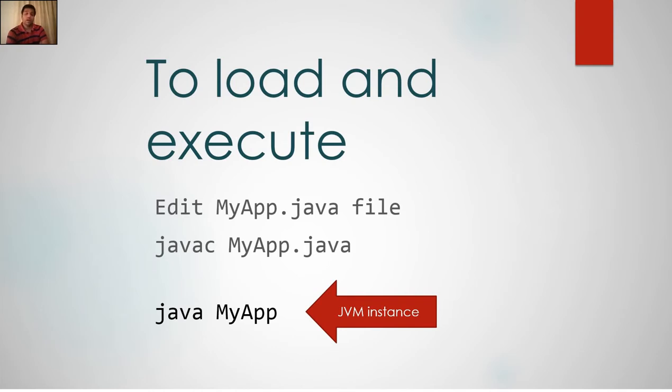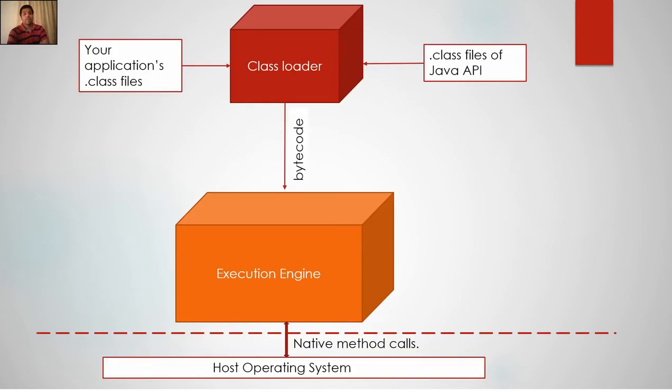Now let's see how the JVM instance loads and executes your class file. Here you can see that there is a loading component and there is an execution component. As per the spec, this is called the class loader and this is called the execution engine. The class loader is responsible for loading your application's .class files.